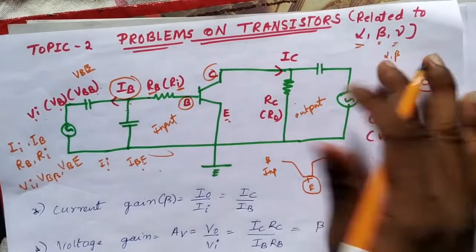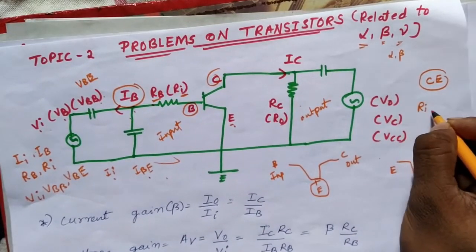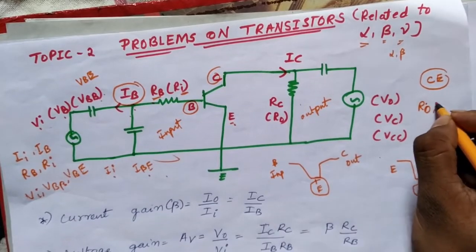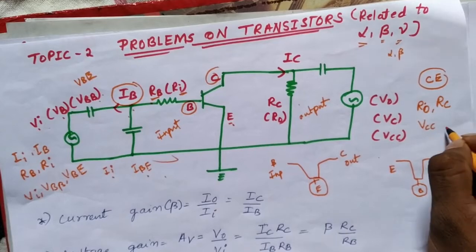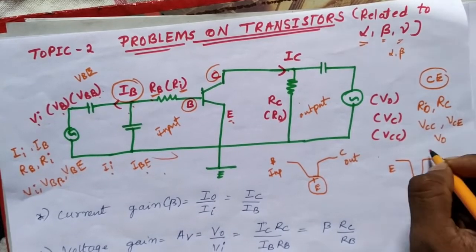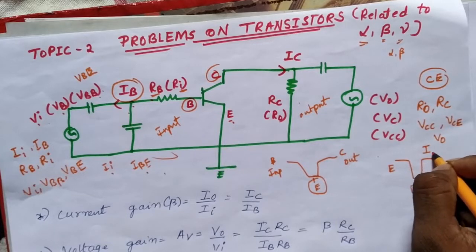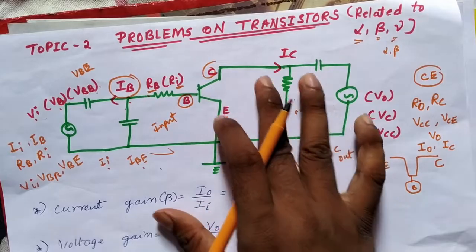Similarly, on the right side we consider resistance as RO, output resistance, RC, collector resistance, VCC, collector voltage, VCE or V output. Similarly, current we consider it as IO, output current, or IC, that is collector current.